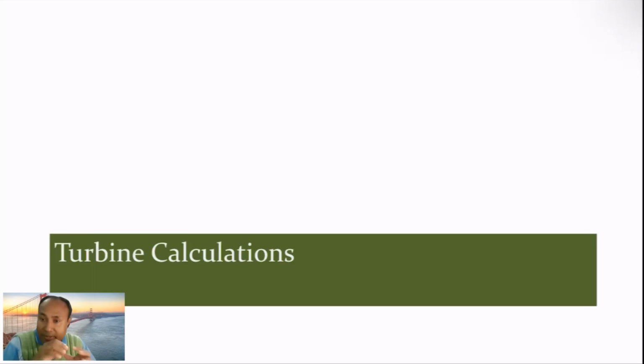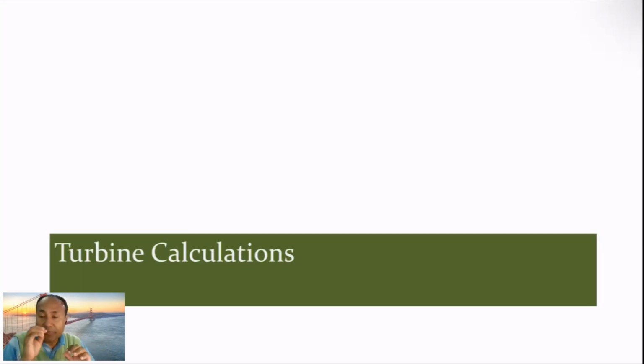So now at least we have some of the fundamentals of fluid mechanics. We have an understanding of the wind characteristics, wind speed, the effect of terrain, surface roughness, and all these things.